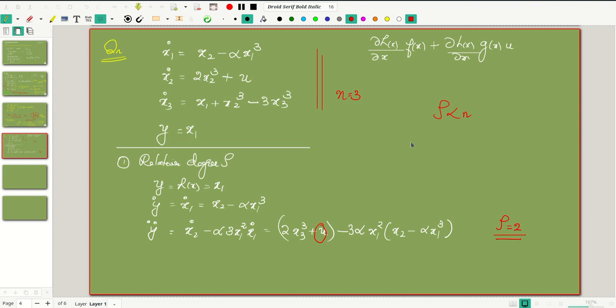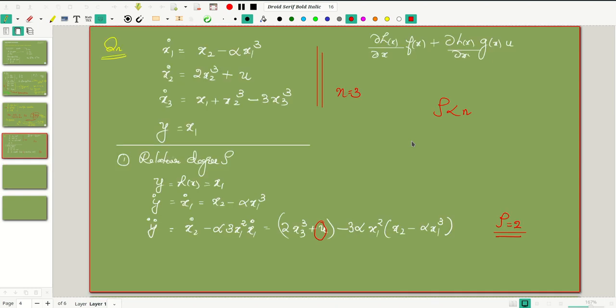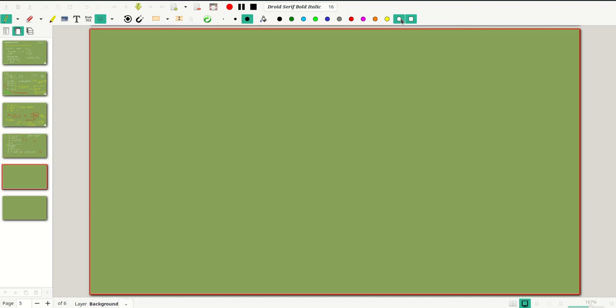So how will you choose the states here? How will you choose the states here? What is z1? z1 is equal to, tell me, h of x. h of x, that is equal to x1.